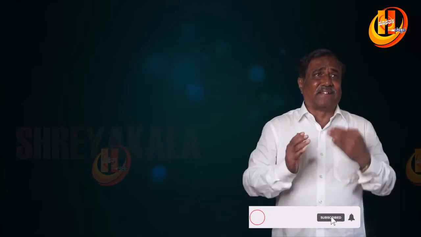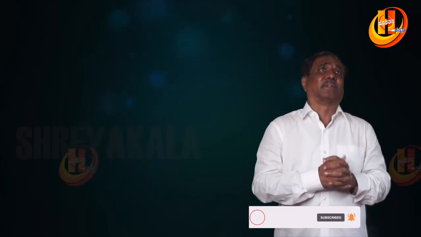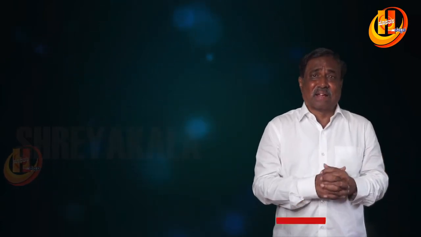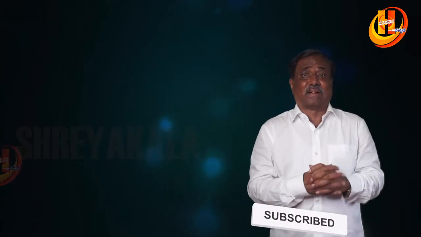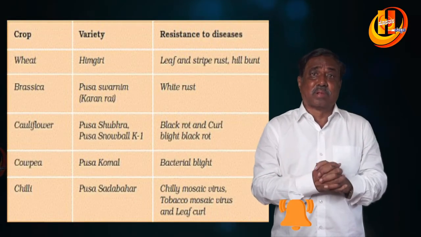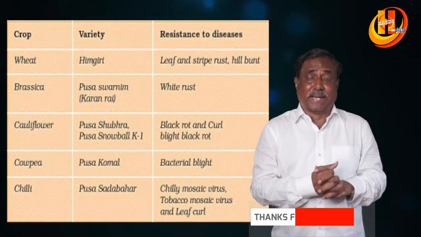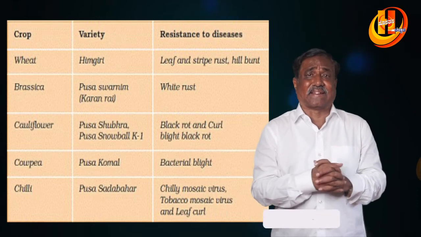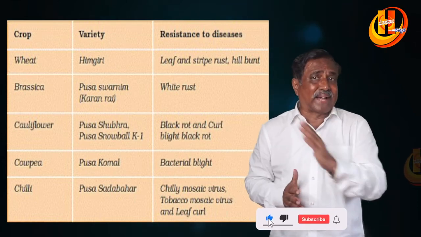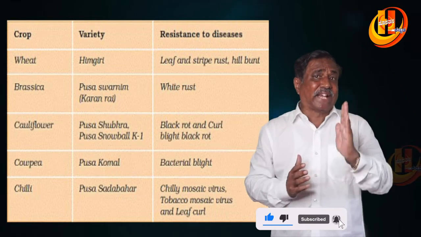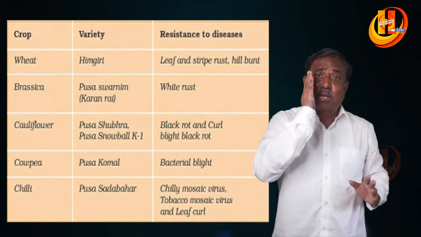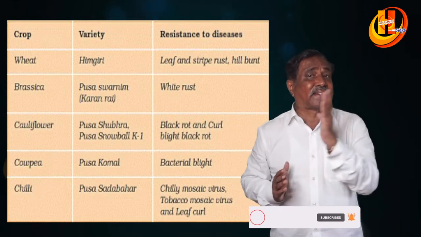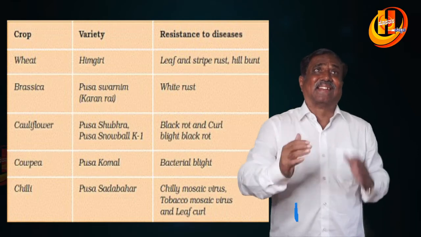That is very important. Disease resistant varieties should be produced in plant breeding. Plants are affected by various diseases and pathogens, and to avoid this, in India, the wheat variety Himagiri is resistant to rust disease.